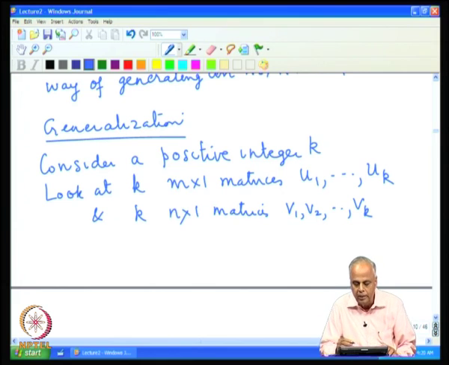Now, we will form the tensor product of u1 with v1, u2 with v2, uk with vk.